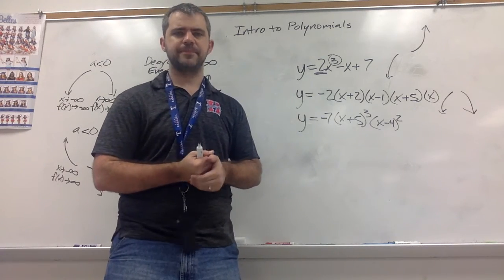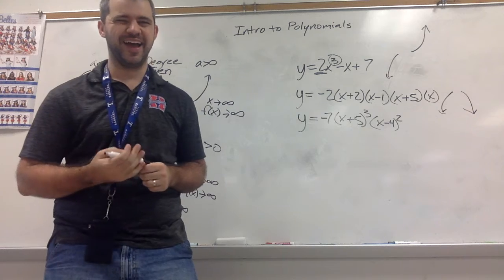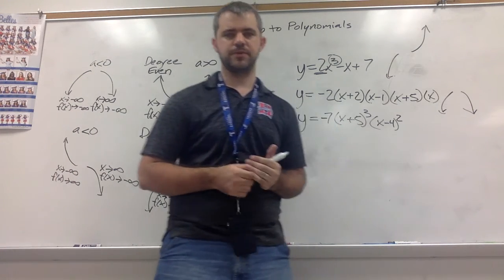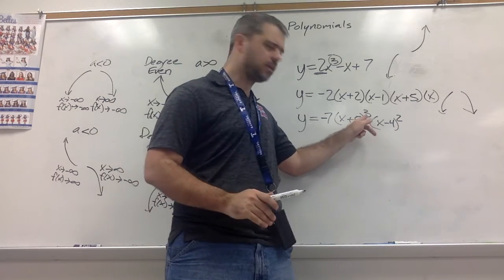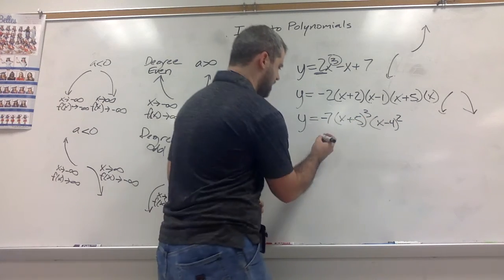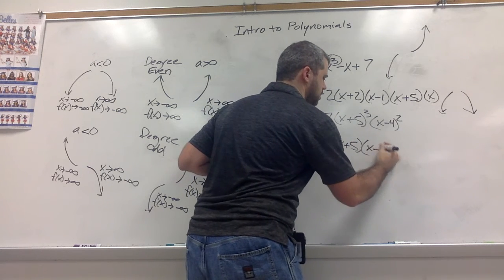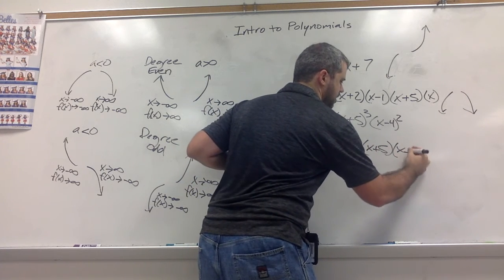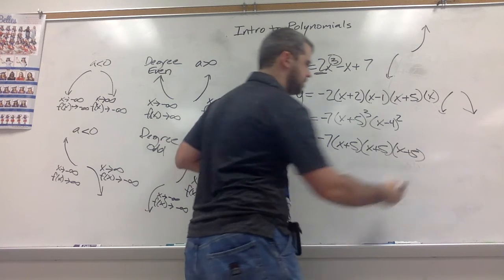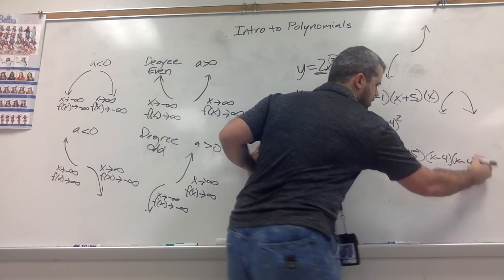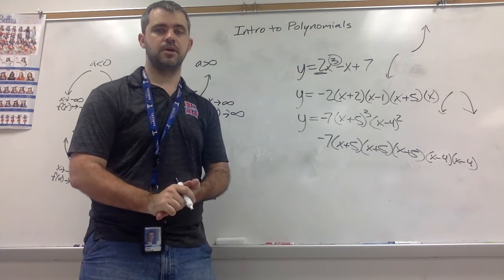What about this guy? This guy is deceitful. You may think, oh, we have 1, 2 roots. No. Look at these powers. If I wrote this the long way, you'd see this guy shows up 3 times, and this guy shows up 2 times.